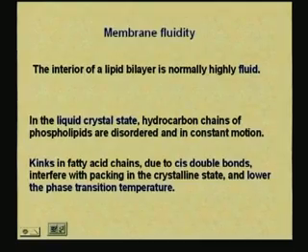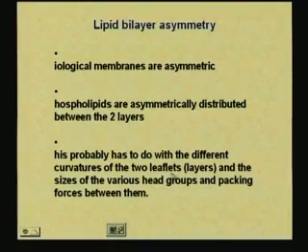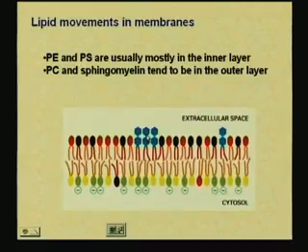Because of their constant movement, they are in constant motion and they are highly disordered as well. Polar head group, that is the way we can bring about a change in the curvature of the two layers by changing the size, changing the packing. How do we change the packing? By changing the fatty acid. Okay. So, this is what we can do.